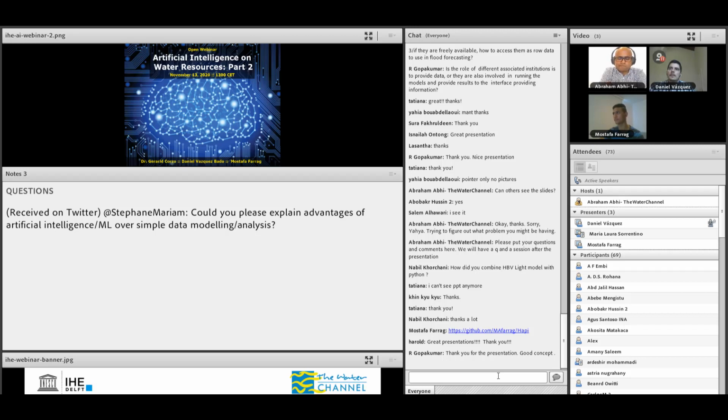As was said before, the AI model only analyzes inputs and outputs. So the complex process is hidden inside of a black box, and it might be suitable for these very complex processes as well, right?